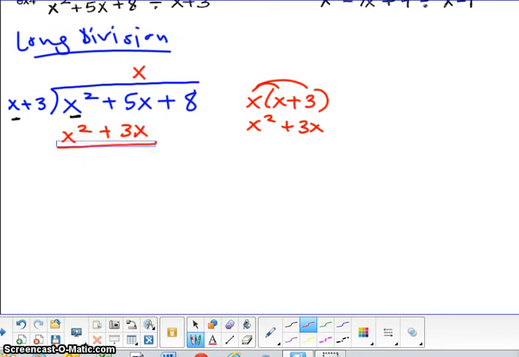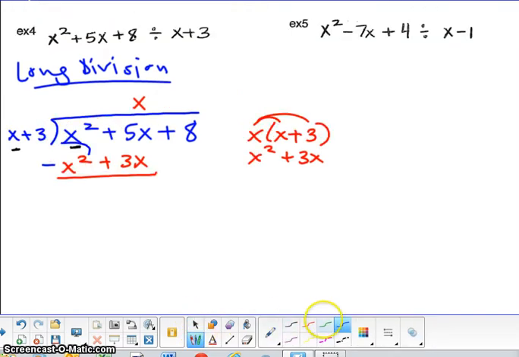Okay, so this is where you are going to now subtract the two of them, and you end up with 0 when you put these two together, and then when you put these two together you get 2x. Now notice I subtracted both of them. Okay, then we start the process over again.